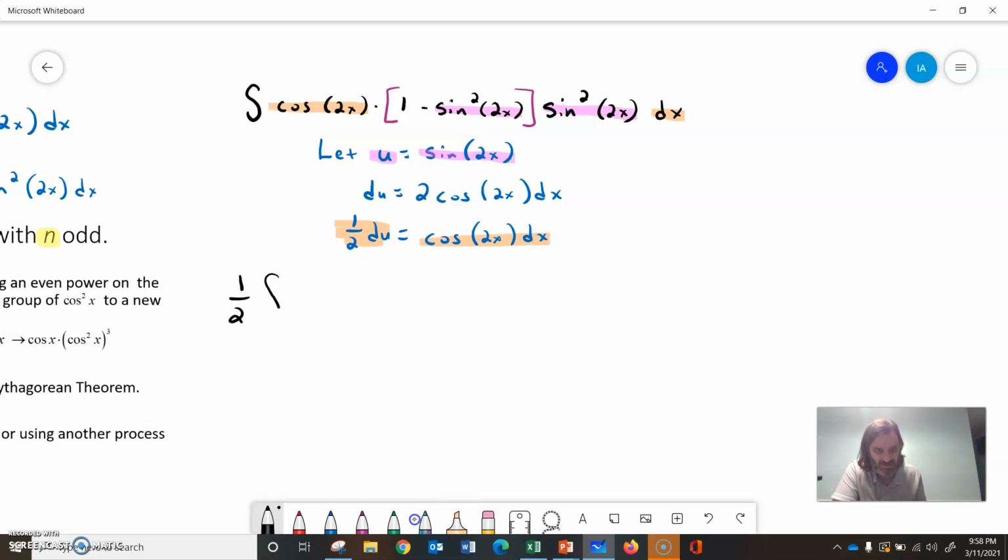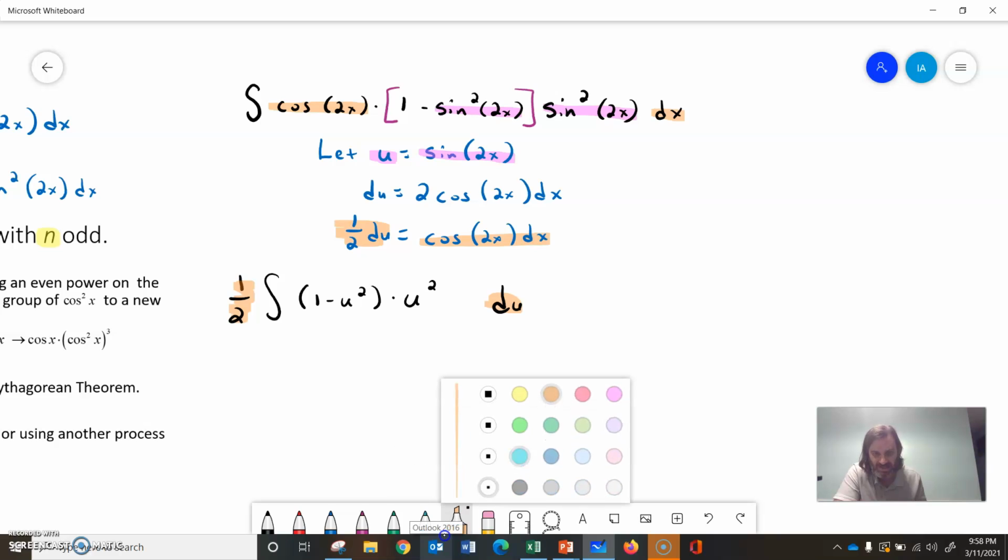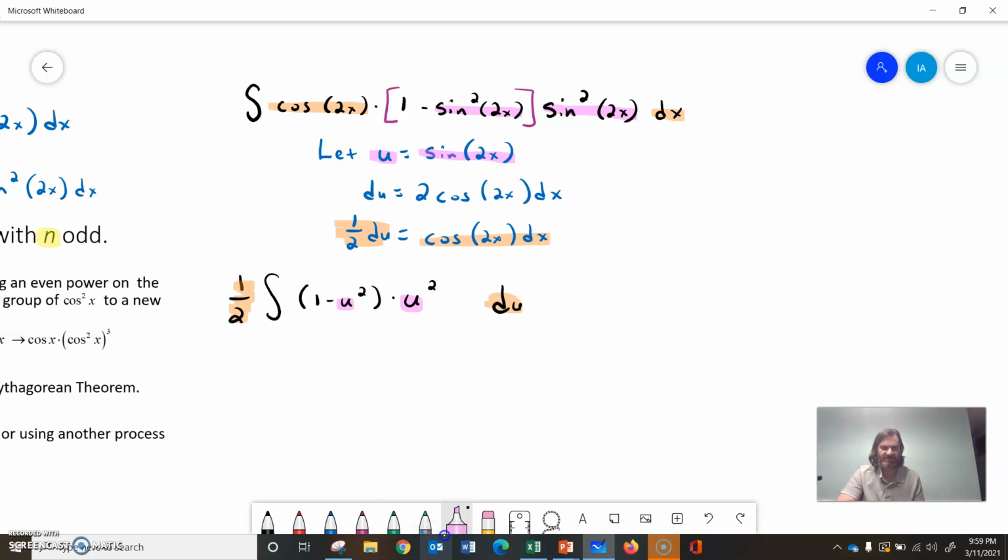It'll be 1/2 the integral, there'll be a du out here at the end, of 1 minus u squared times u squared. So making sure we know where everything came from, the 1/2 du replaced the cosine dx, and the u replaced the sine squared 2x.